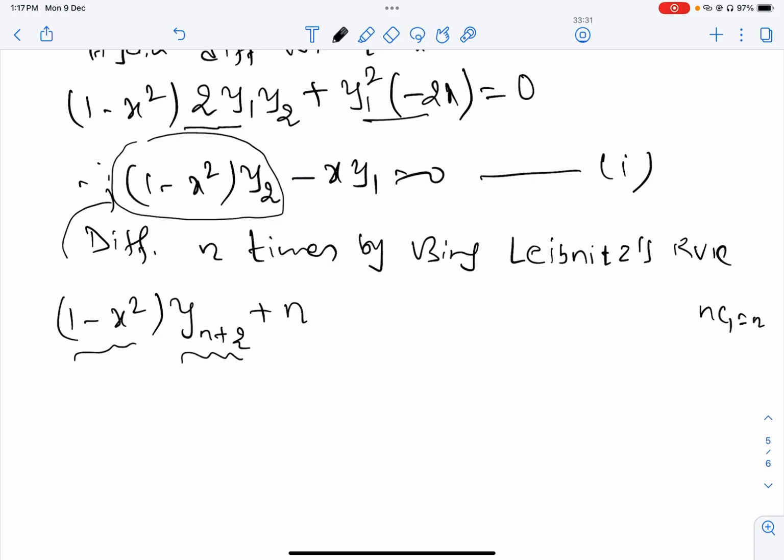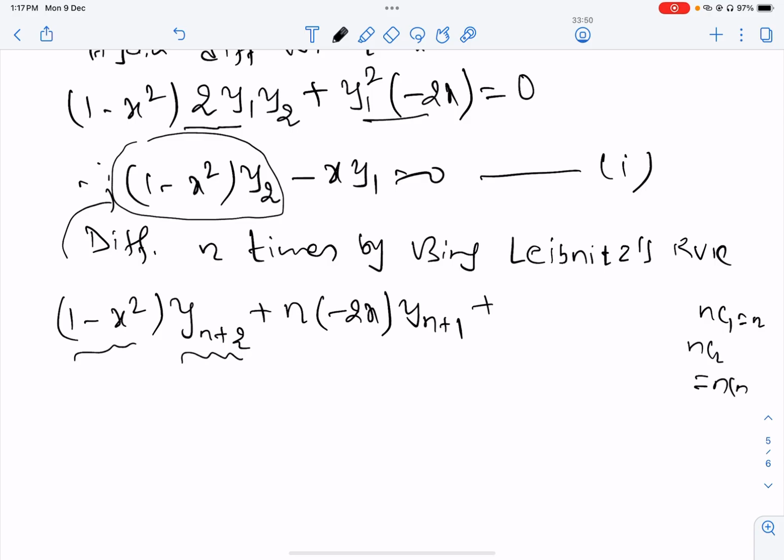So that is minus 2x, and derivative of yn plus 2 let us reduce by 1, so that is yn plus 1. Okay. Then plus nC2.